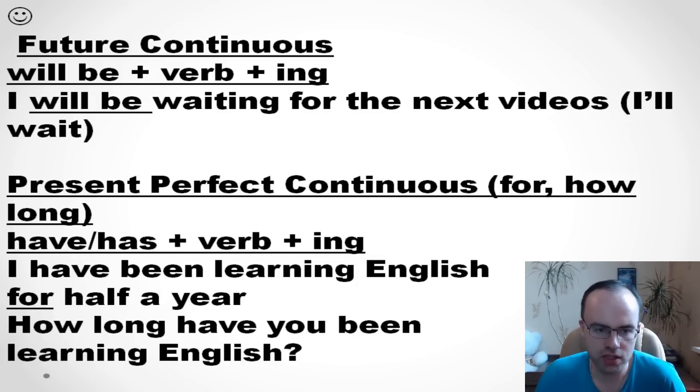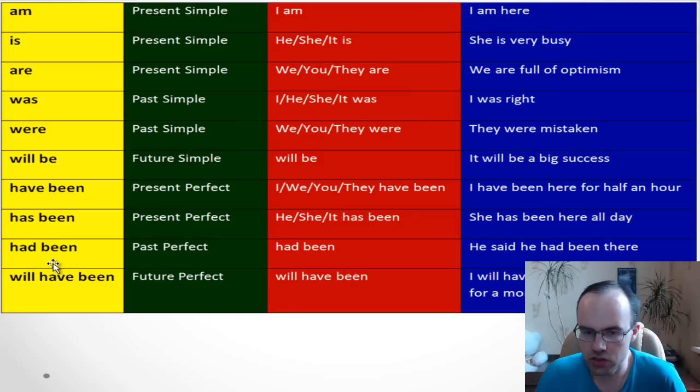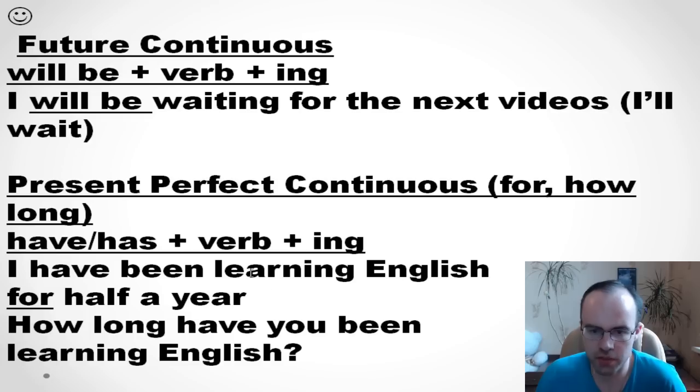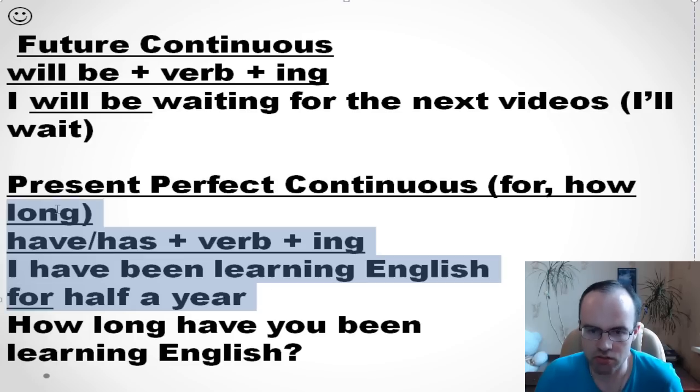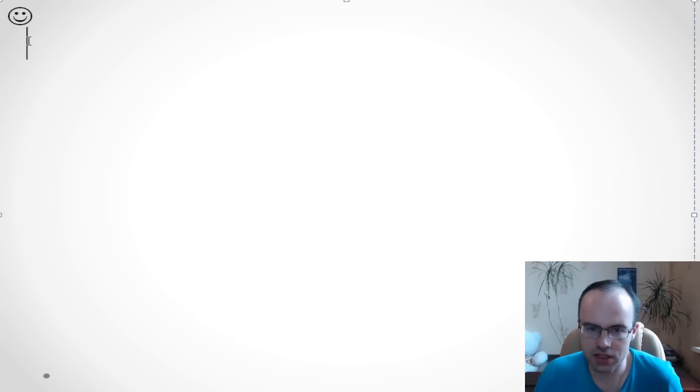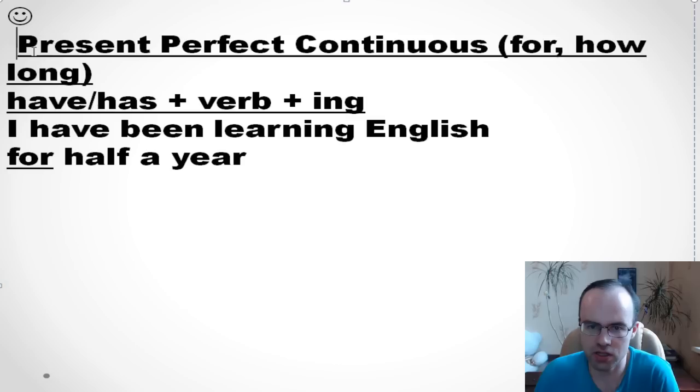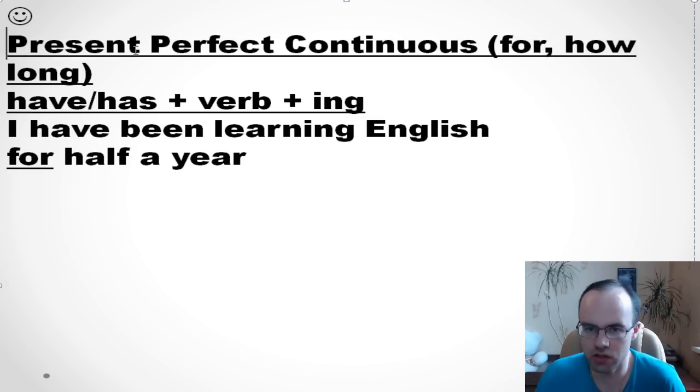Good. Okay, so next. And you see that we can use had been doing and will have been doing. So it's about past perfect continuous. It's like present perfect continuous, indeed, it's very similar to it.